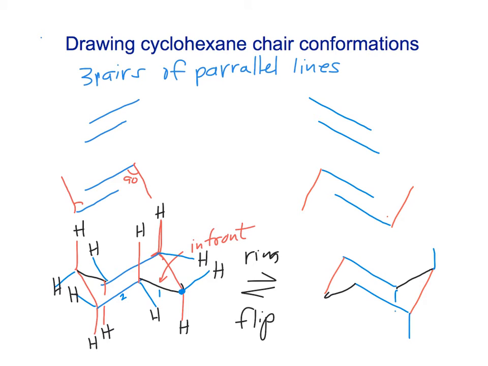They're the same bonds that were in blue in the structure to the left. All right, and our equatorial bonds are going to be red. One more, like this. All right, and now we could fill in all of our hydrogens.